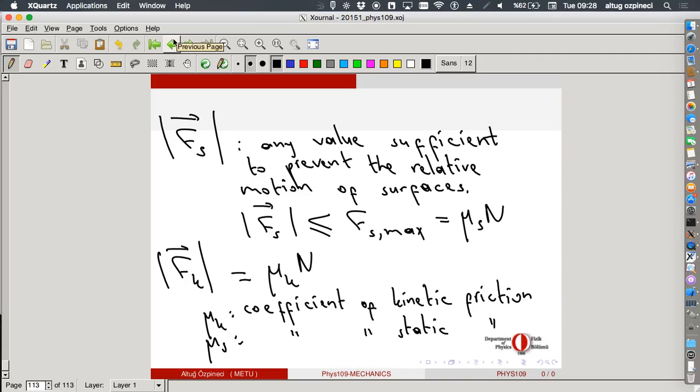True. Because the only thing that determines the direction of the friction is the relative motion of the surfaces creating it. Now, the problem over here that's causing the confusion is that up to now we have always been, and will be, discussing objects that do not change their shape, like solid blocks. When you have a solid block, all the parts of the object are moving with the same velocity, so if one part of the object is moving in that direction, all the parts will be moving in that direction.